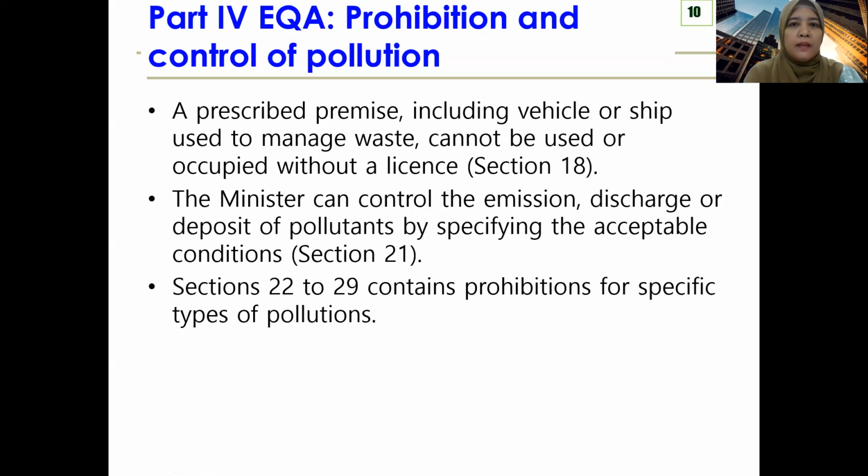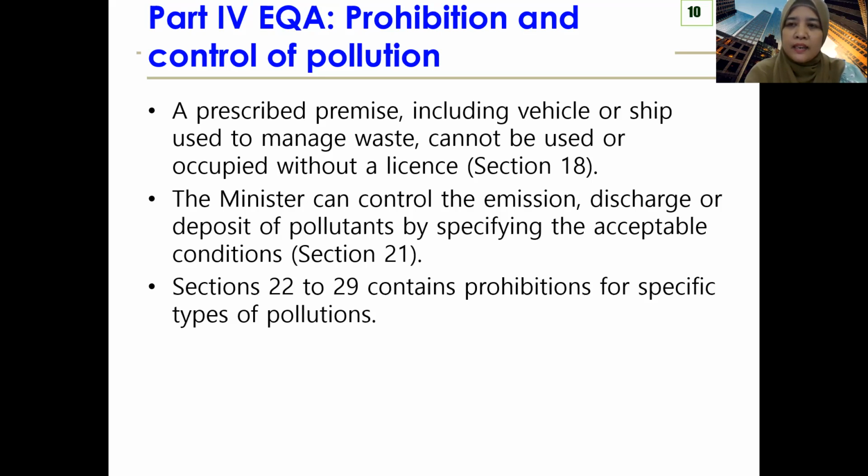Okay, a prescribed premise including vehicle or ship used to manage waste cannot be used or occupied without a license. So now this is the definition of prescribed premise just now. It is a premise, satu tempat itu, it's not just a bangunan, not just a building space, but also vehicle and also ship.